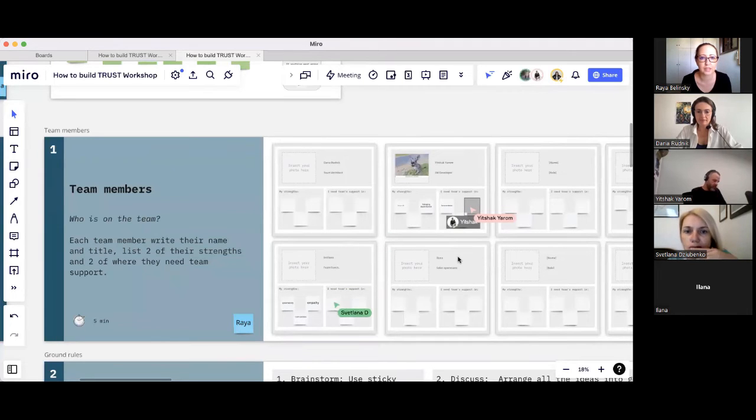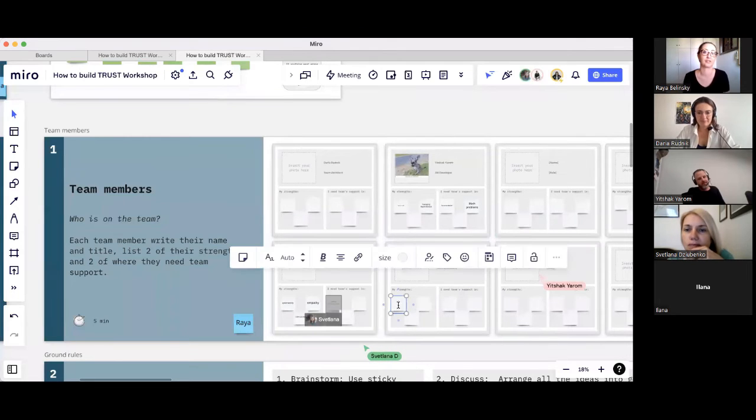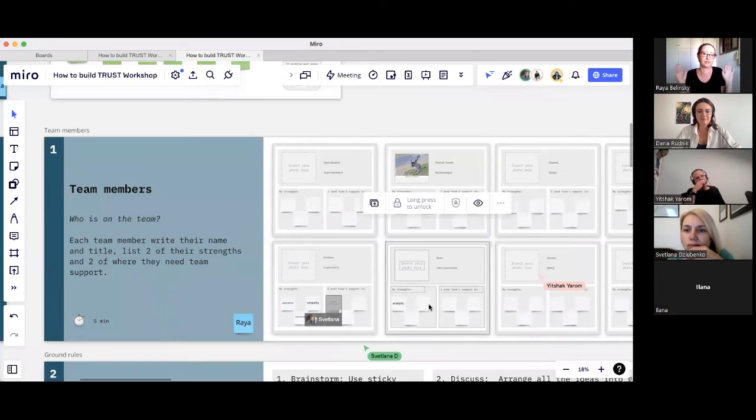So Itzhak and Svetlana, who are really playing the game with us, how is it for you to fill this board, to share these things with people you see for the first time, not with your team, with us? What do you feel?